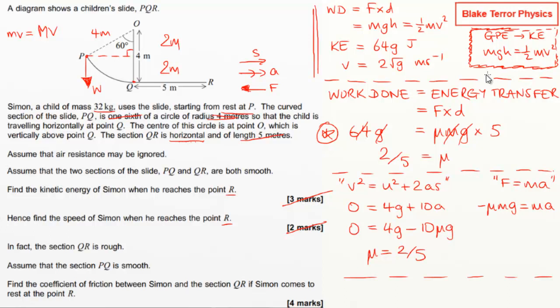Now, we've already got approximations just rife all the way through this. mgh is an approximation, and that's even aside from when we put in a value for g. As soon as we do that, we've got an approximation. But even if you leave it as g, as we have done in our answers, you've still got an approximation, because we're saying that it's a uniform gravitational field if we're writing out mgh, whereas actually it's a radial field.